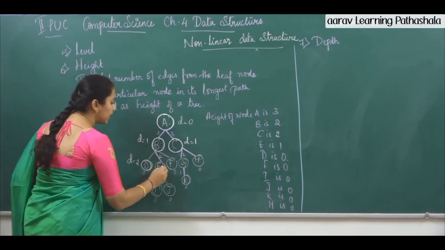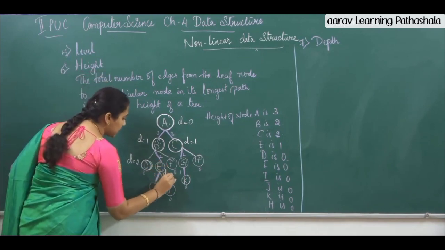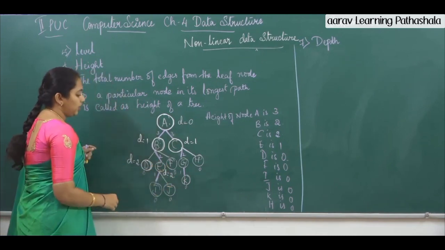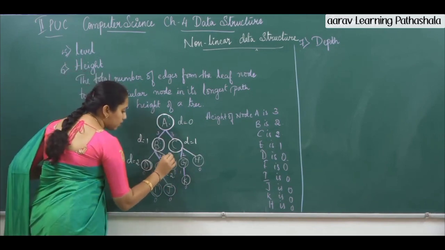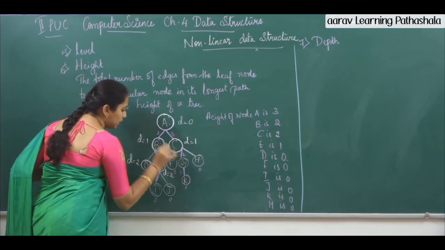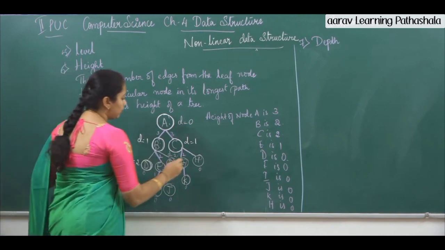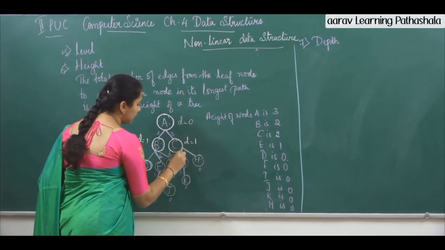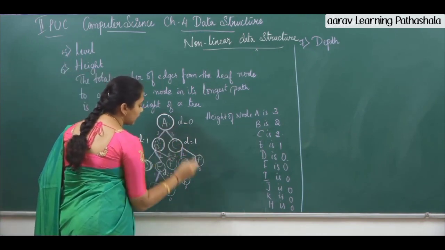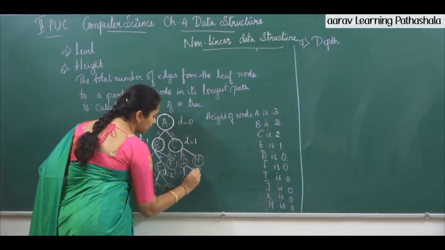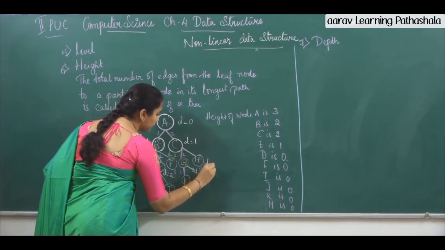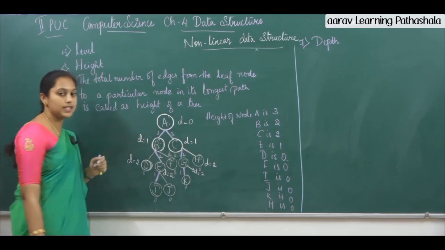For E also, it is the same. The depth is 2. For F also, depth is 2. For G, the depth is 2. For H also it is the same.